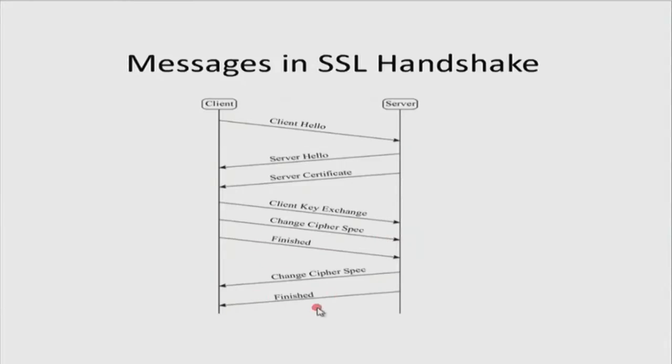So let me just say before that this finished message is going to contain a MAC computed in all these protocols. Now the thing is, all of these messages except for this one, all of these messages are in the clear. So what prevents a hacker from coming in the middle over here, a man in the middle attack, and changing certain things?